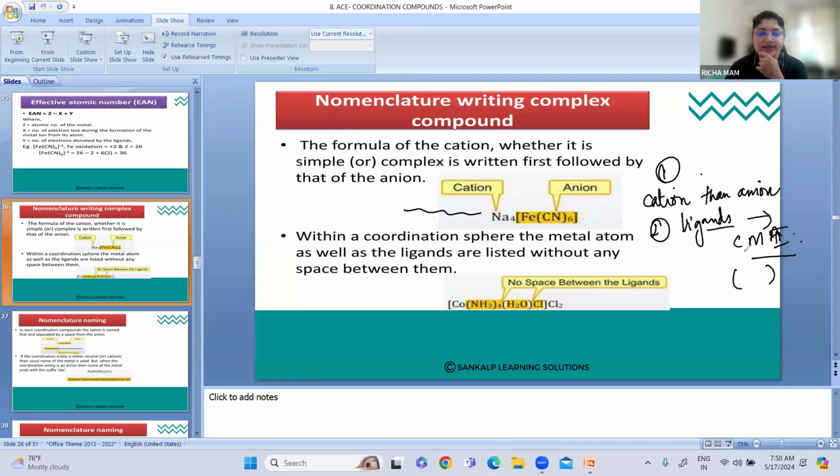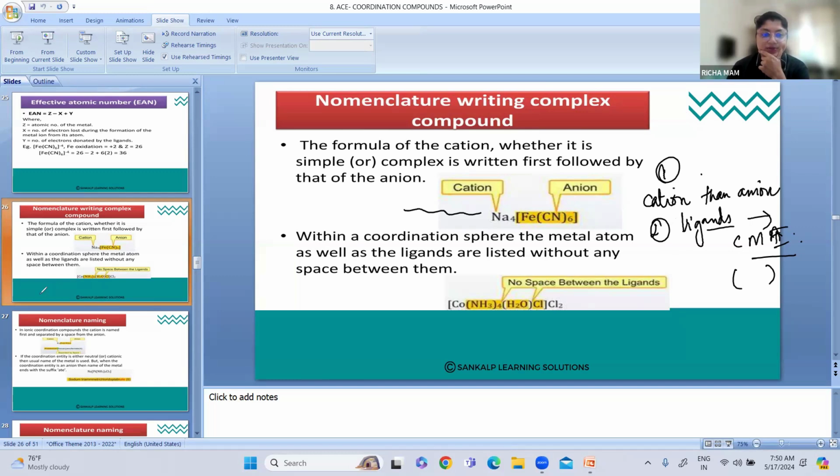So first name the ligands, then name the central metal ion, and then the oxidation number of the central metal ion.